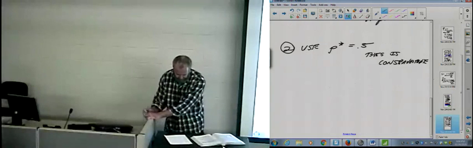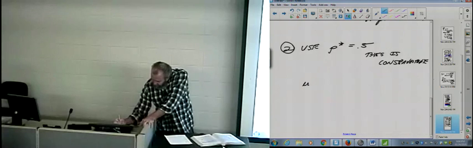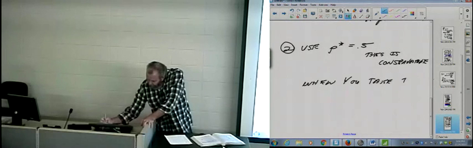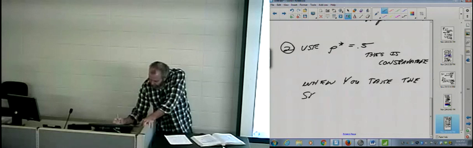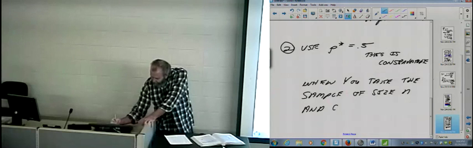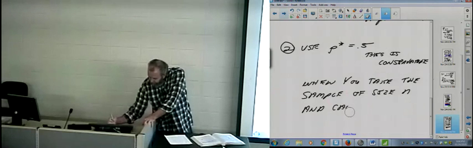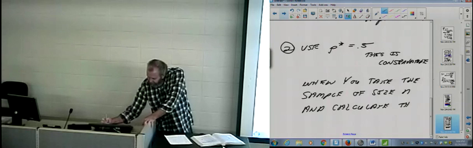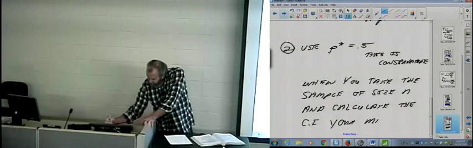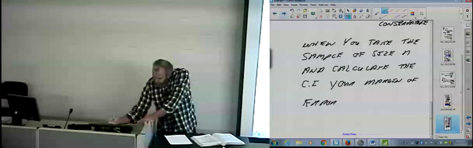What that means is, when you take the sample of size n that you get from using P star equals 0.5 and calculate the confidence interval, your margin of error will be smaller.